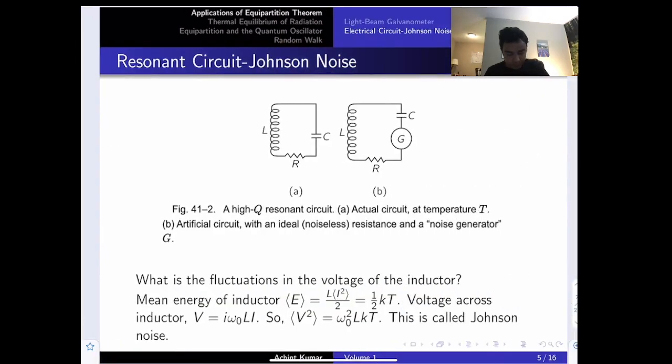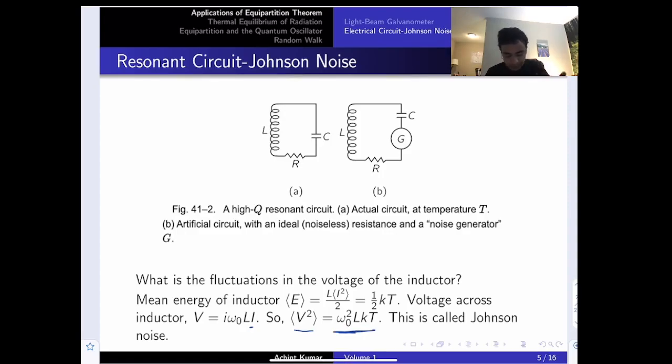Next I calculate the current by looking at the mean energy of the inductor, which is half L i squared, and equating it to half kT. We solve for the average value of current squared, and then plug it into the expression for V to get the average value of V squared, which is given by this expression. This is called Johnson noise.